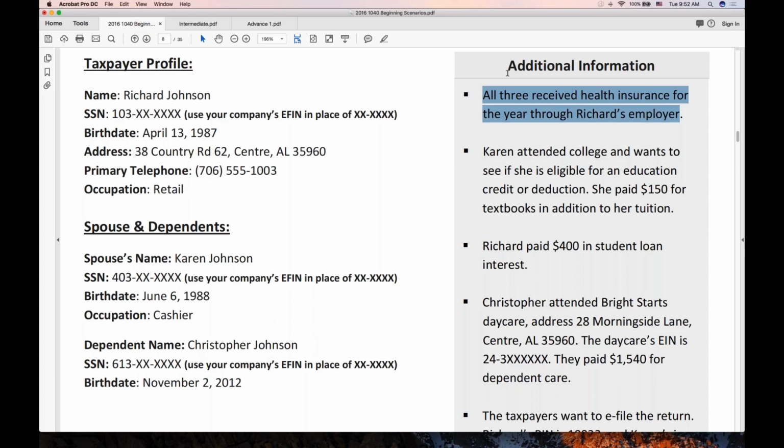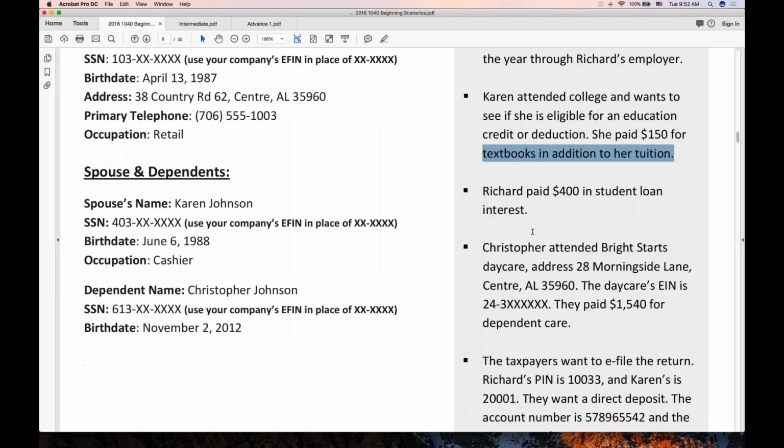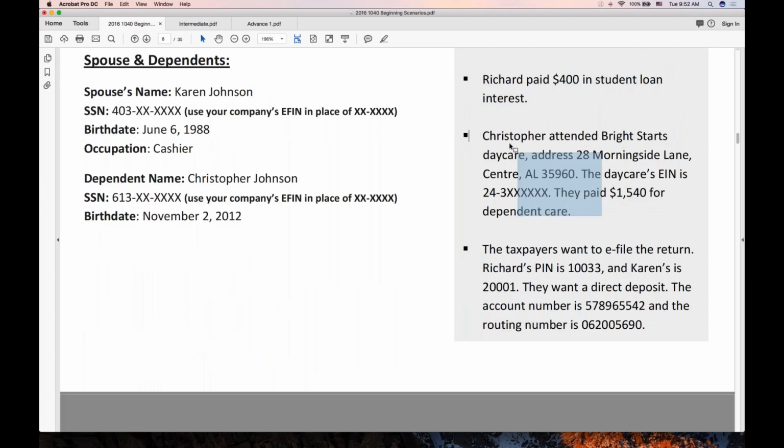Karen attended college, and she paid $150 for textbooks and tuition, right? Richard has a student loan with interest of $400, and then Christopher went to daycare, and they paid $1,540 for daycare. So I'm going to check all that.